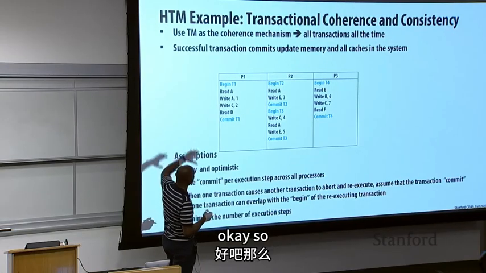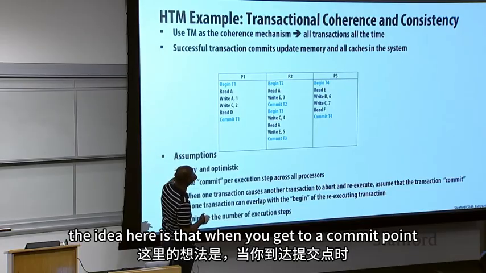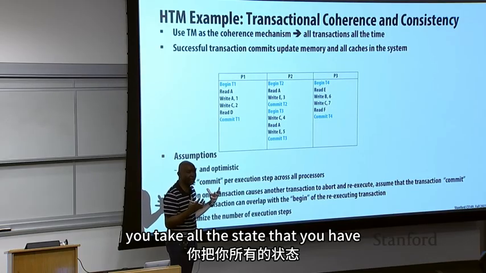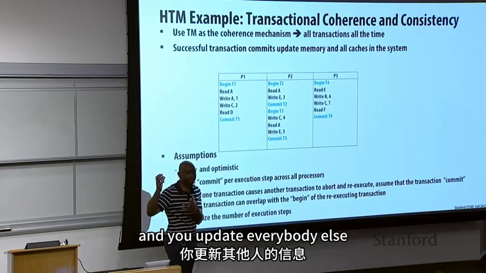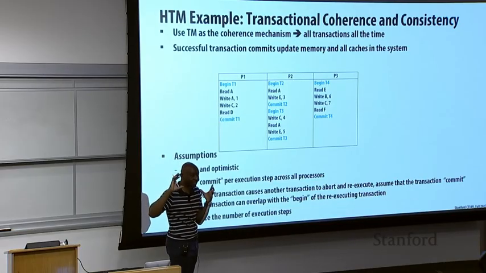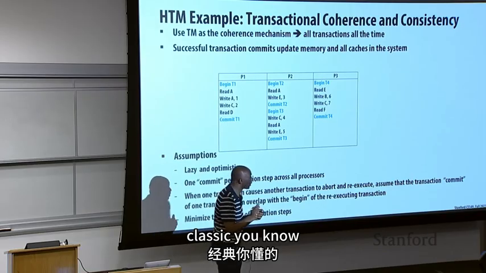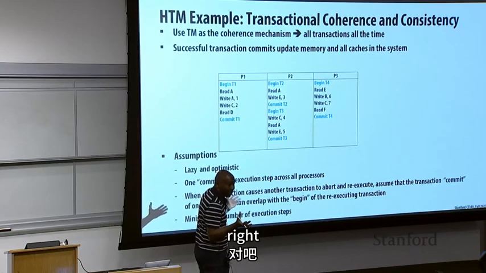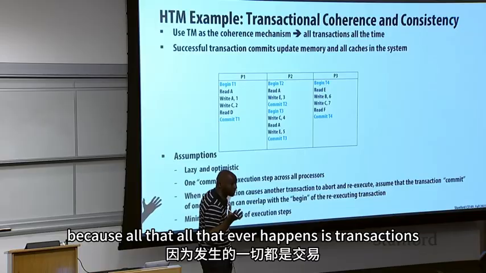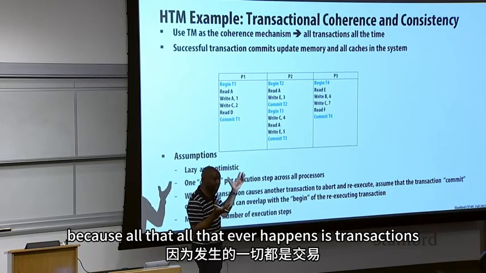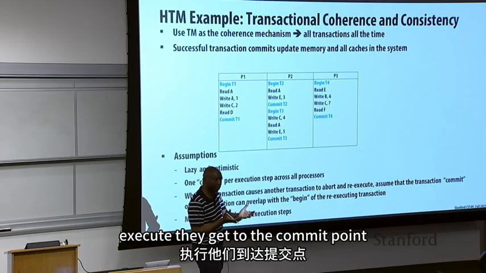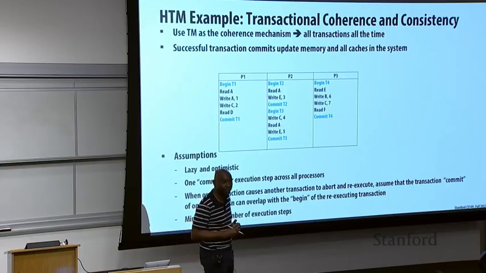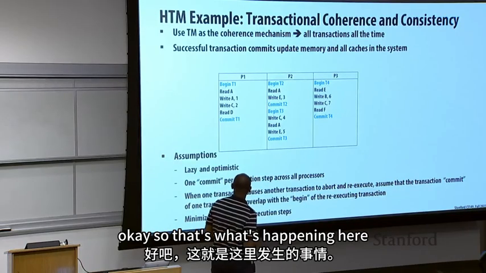The idea here is that when you get to a commit point, you take all the state that you have and you update everybody else. Which is classic lazy optimistic, but there are no other states, because all that ever happens is transactions execute, they get to the commit point, and then they send out all the state that they've modified and update everybody else. So that's what's happening here.